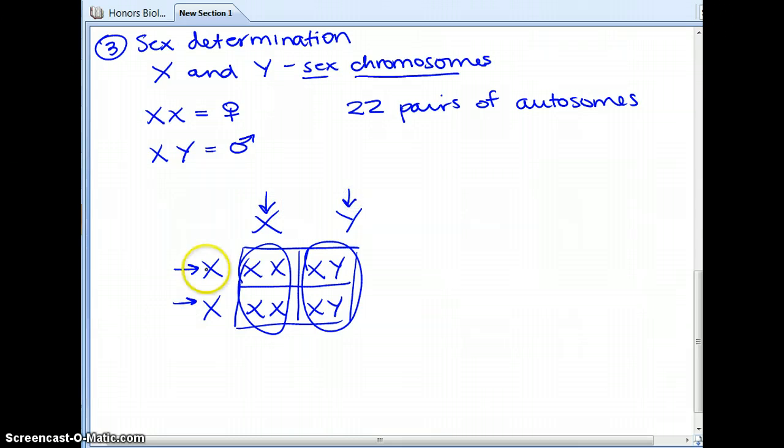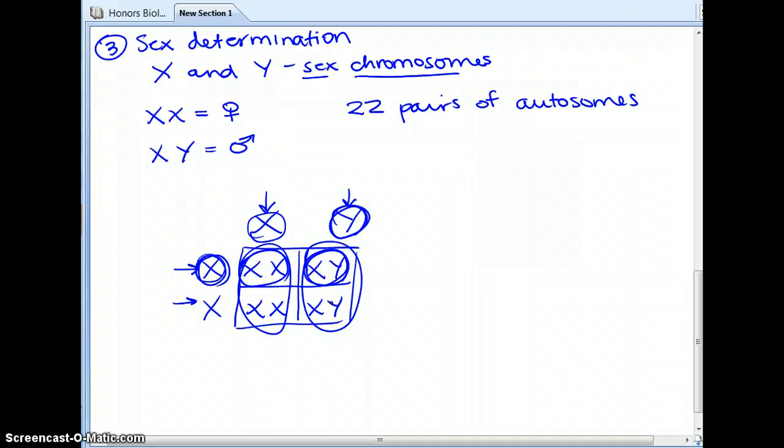And that means that this individual could give an X, this individual could give an X, and together they make a girl. This individual could give an X, this individual could give a Y instead, and instead we get a boy. But it's a 50-50 shot every fertilization event, okay?